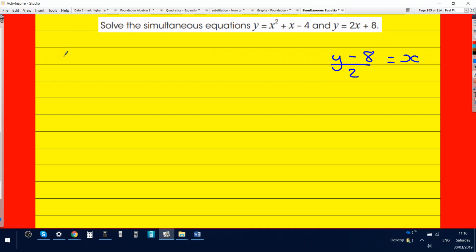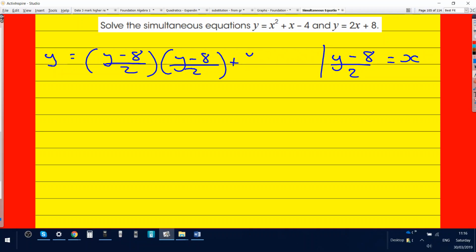So you'd get y minus 8 over 2 brackets, y minus 8 over 2, plus y minus 8 over 2, minus 4. So real tricky stuff.